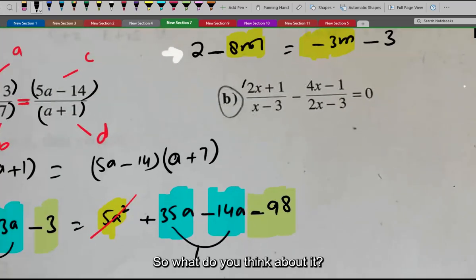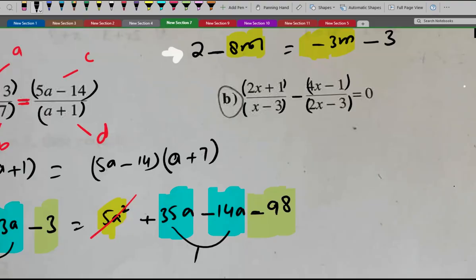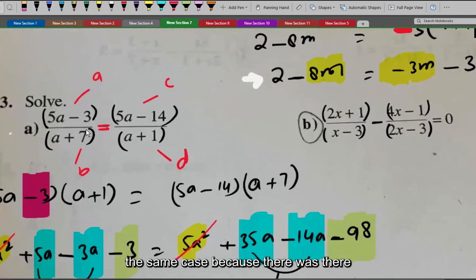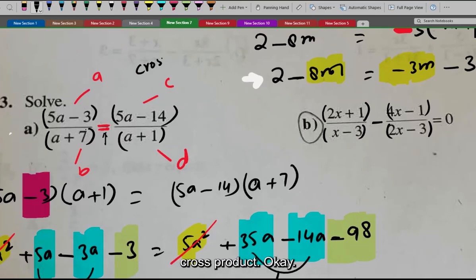So what do you think about it? Isn't it going to be the same thing, but with the minus sign? No. Absolutely right. It's not going to be the same case because there was an equation here. So whenever there is an equation, do the cross product. Okay.